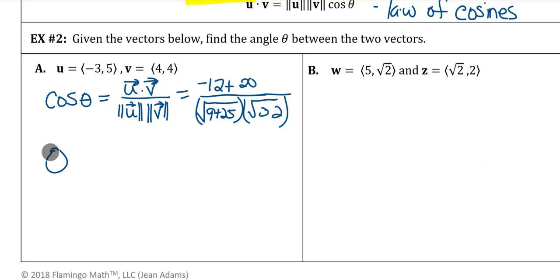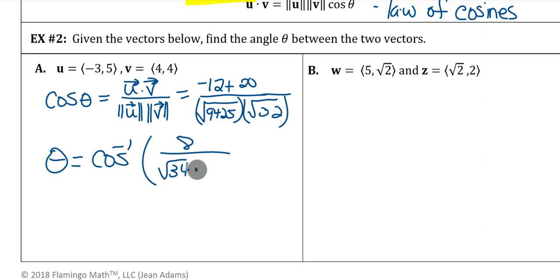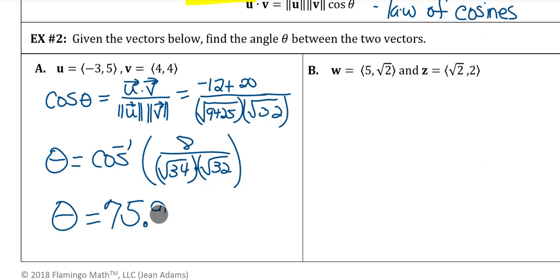Theta is going to be the inverse cosine of this, so we have 8 over the square root of 34 times the square root of 32. You can leave it this way or simplify it; you're putting it in your calculator, so it's not going to matter. In degrees, we get 75.964, or if the question asks for radians, it's 1.326 radians.